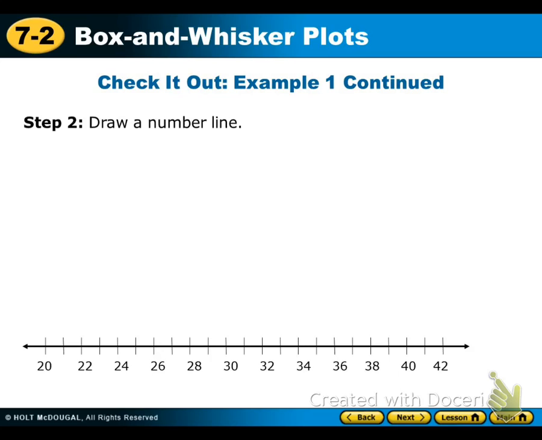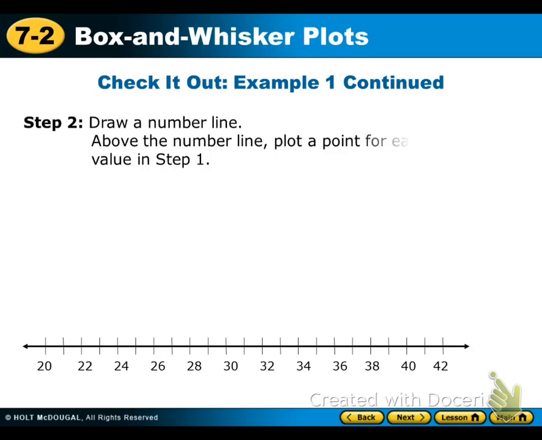Now remember, we use the range and a few numbers past both the least and the greatest of the range to be able to draw a good number line that's accurate and will fit all of our information in. So above the number line, we're going to plot a point for each value in step 1.